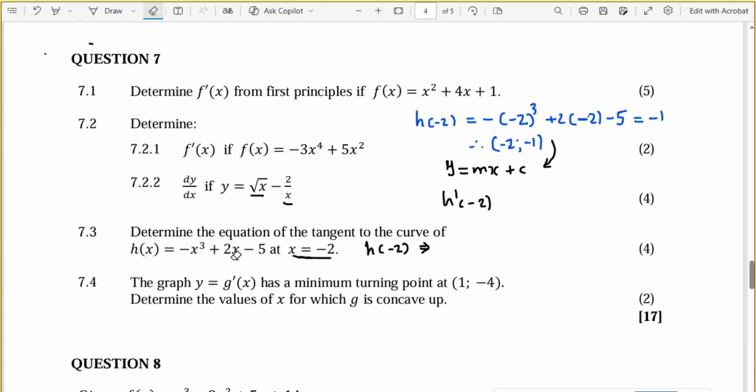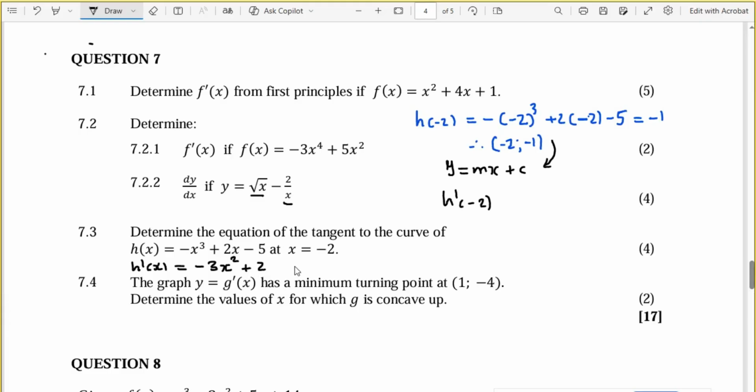After having my derivative, I'm going to substitute where there's x, I'm going to put minus 2. So the derivative h prime at x will be equal to negative 3x squared, then plus 2. So that is the derivative.